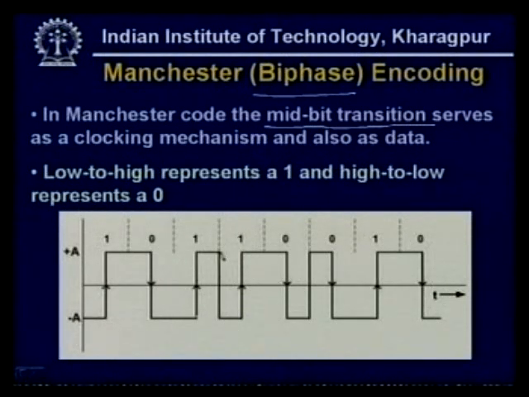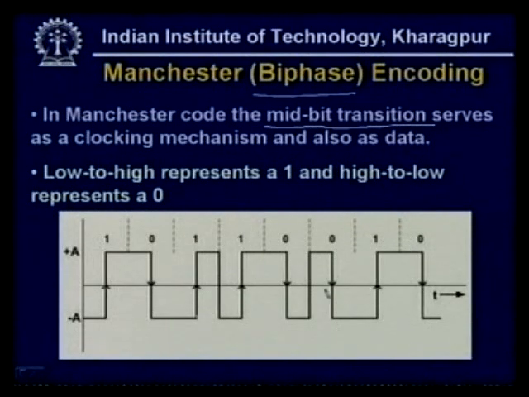So in the beginning it is making a transition from high to low, so that it is possible to have a low to high transition. That means whenever you have two consecutive ones, the transitions will be low to high, high to low, then low to high. On the other hand, whenever you have two consecutive zeros, there will be transitions from high to low, low to high, again from high to low.